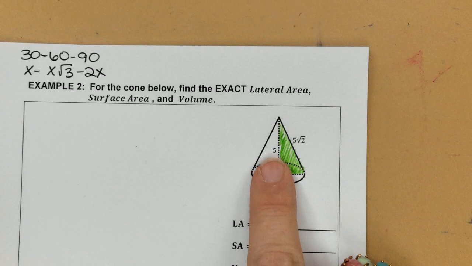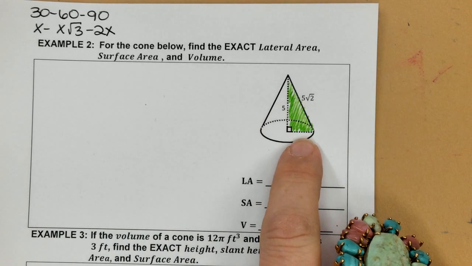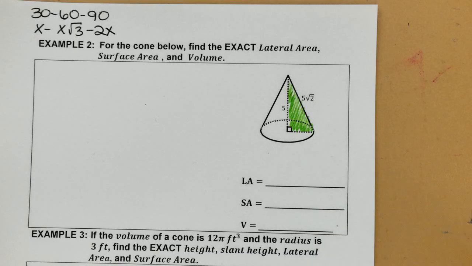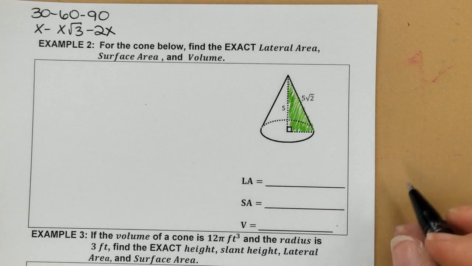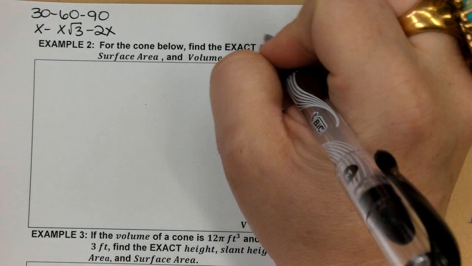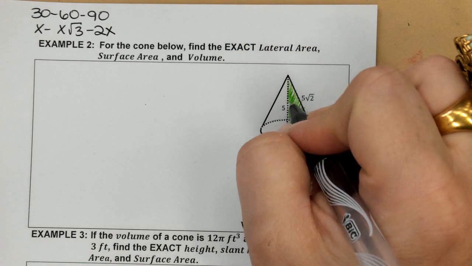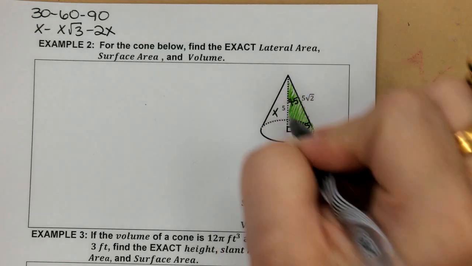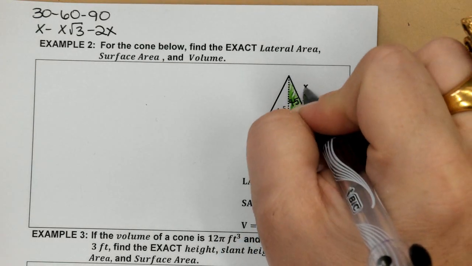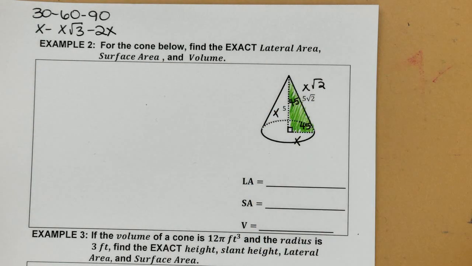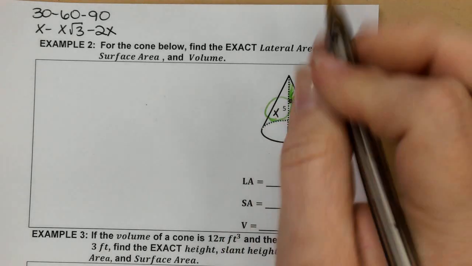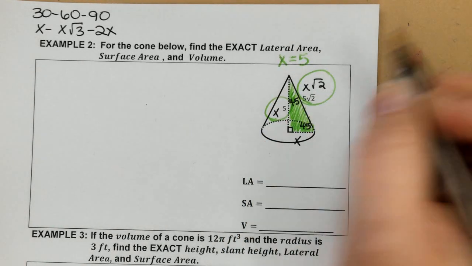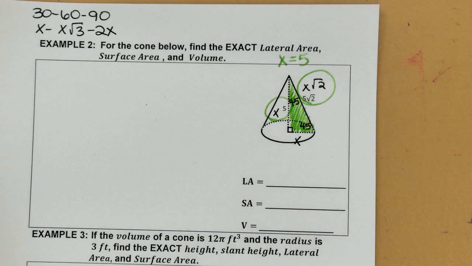Well, this is 5 and blank and 5 square root of 2. So it does follow our 45 rule. So we have a 45, 45, 90 with the rule x, x, and x square root of 2. My given information is that x is 5, and that does follow that rule right there.